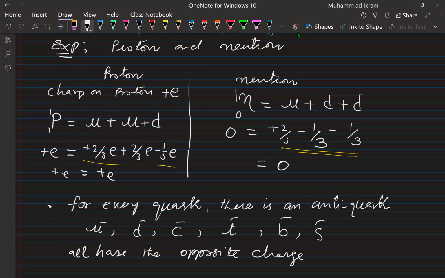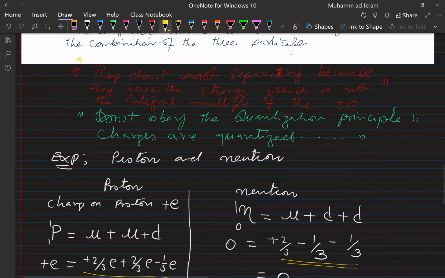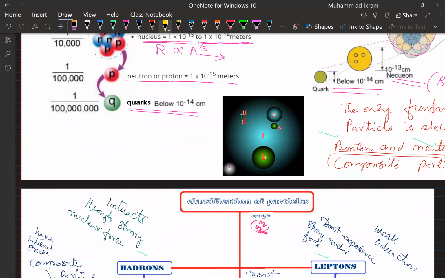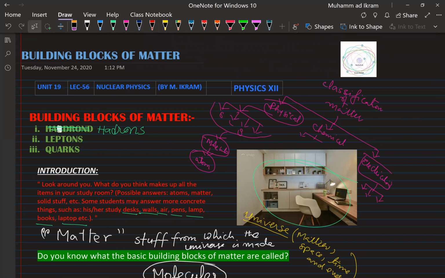For example, the charge on the anti-up particle will be minus 2 by 3 e. So these were all about the fundamental particles of matter. The entire matter is made up of these particles, or combinations of these particles.